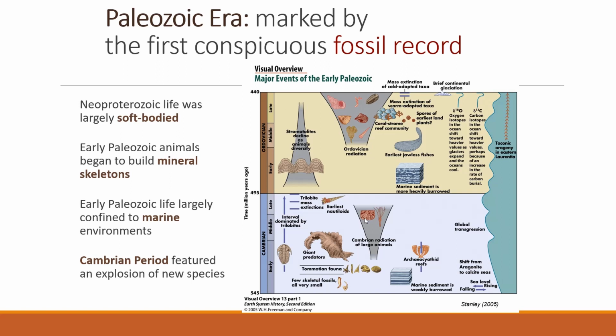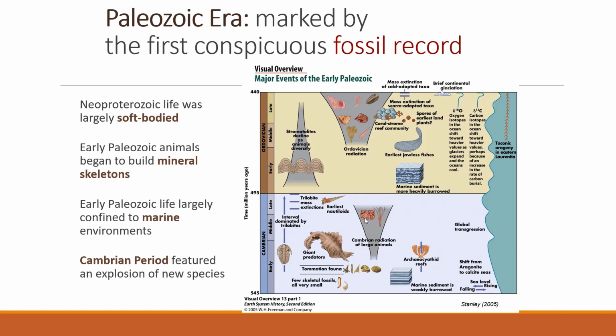For the first periods, it was entirely in the marine environments, and slowly we moved onto land. The Cambrian period was when we started to see a massive explosion of new species. So each of these periods, I'm sorry, I said epoch earlier and it wasn't epoch, it was period.